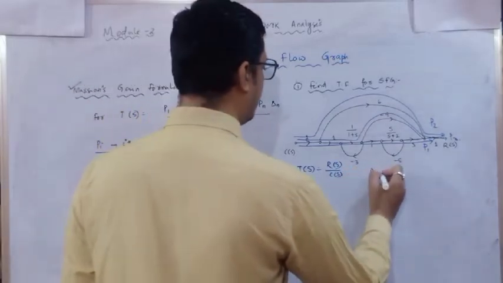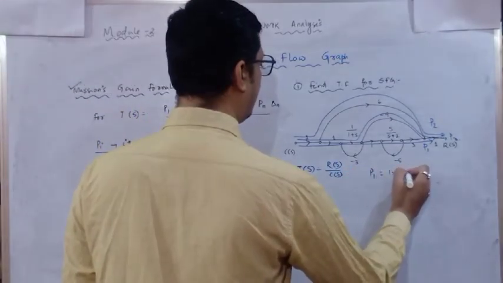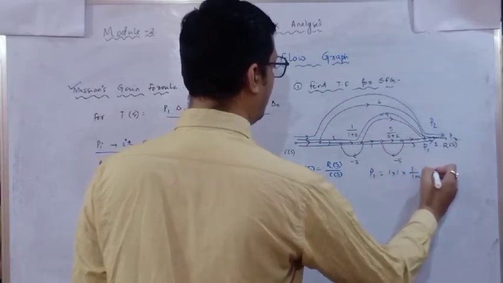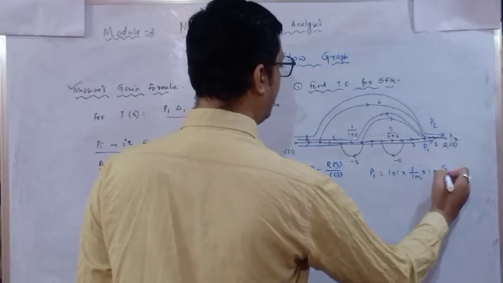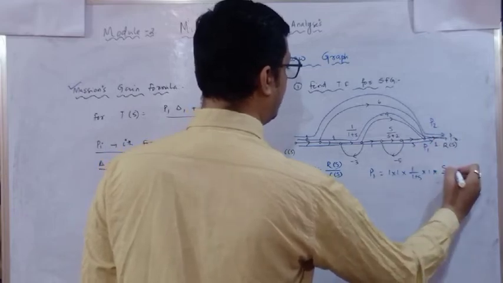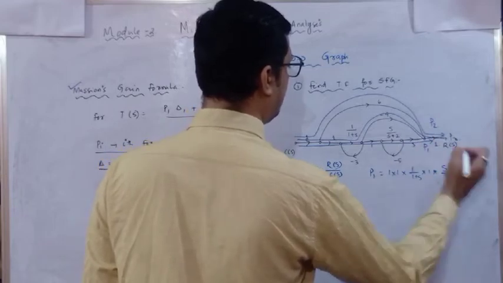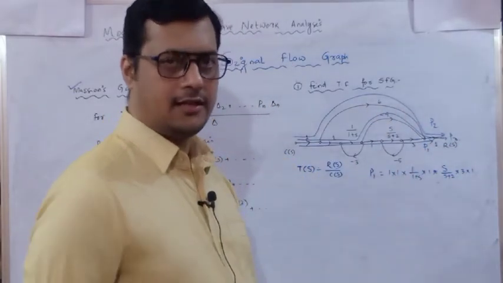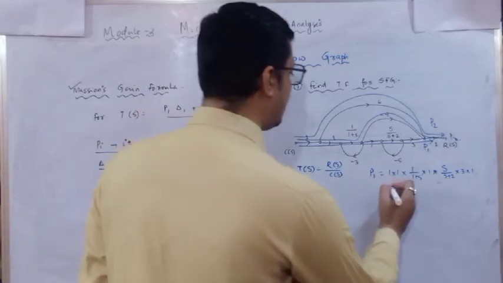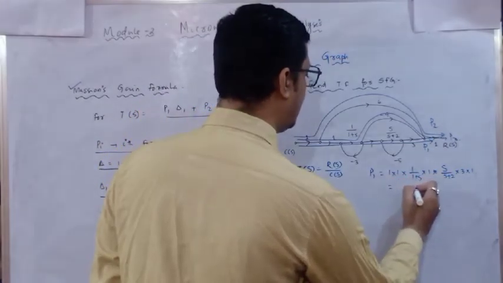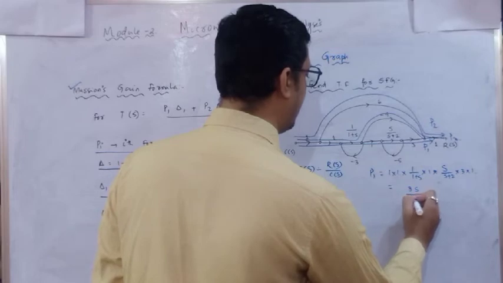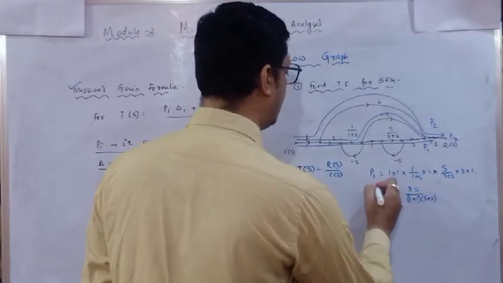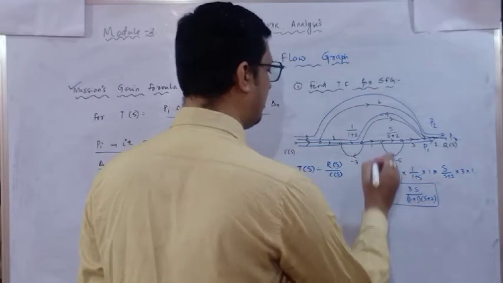So P1 is equal to 1 into 1 into 1 plus S into 1 into S divided by S plus 2 into 3 into 1, because all the branch gains are in series, and series means you have to multiply. So how much will we get? We will get 3S divided by S plus 1 whole into S plus 2. So this is the first path gain.